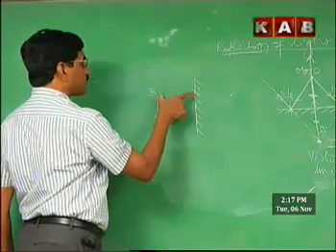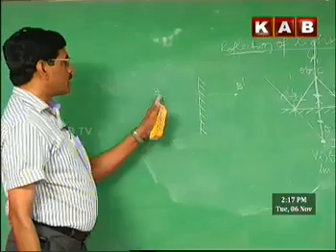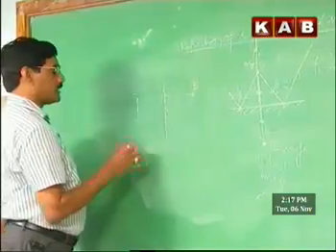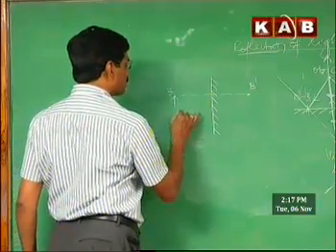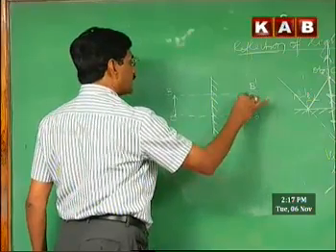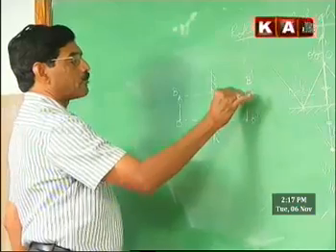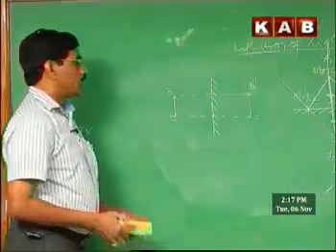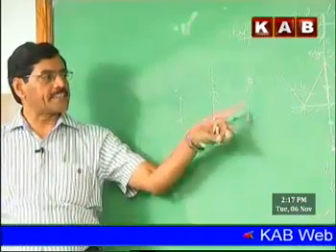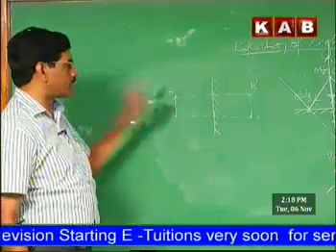The image B dash is formed here, such that this distance is equal to this distance. Similarly, corresponding to this point, the image O dash is formed. All these images we draw with dotted lines to represent the virtual image. Corresponding to this extended object, an extended image is formed at the same distance behind the mirror. This is the virtual image.